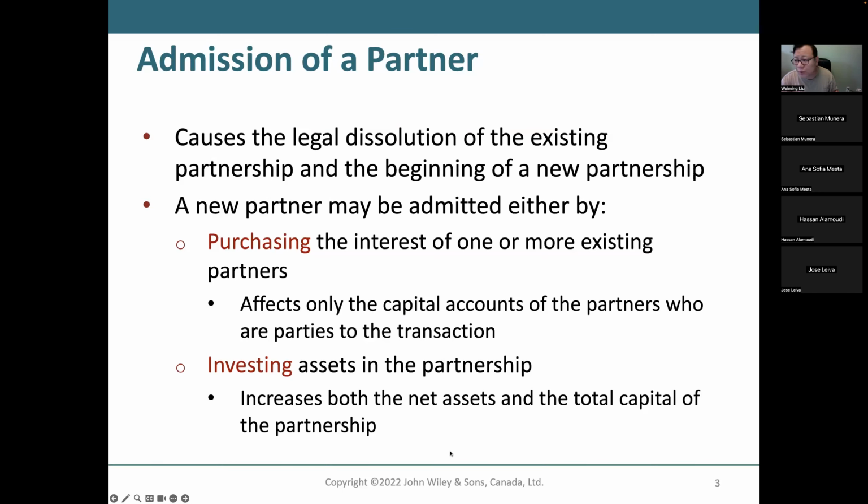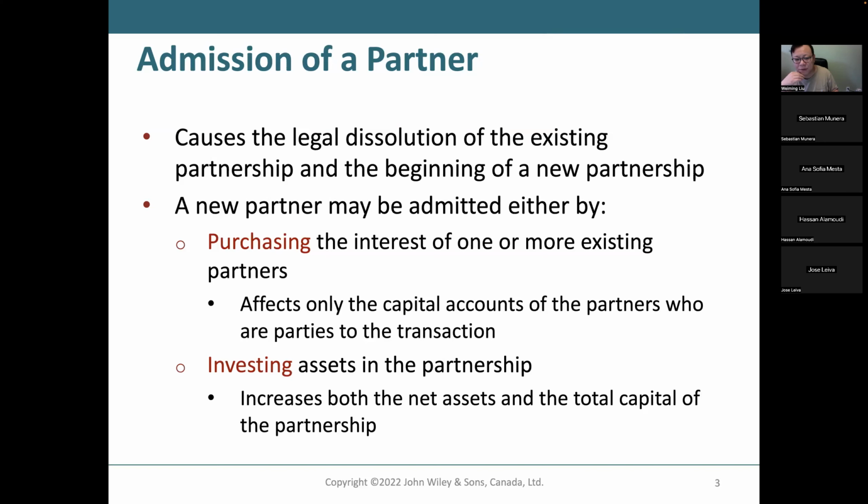There are two ways to get a new partner. First, say an existing partner wants to retire. This is very normal for an accounting firm. If that partner wants to retire, then that partner will just sell his partnership interest to the new partner.